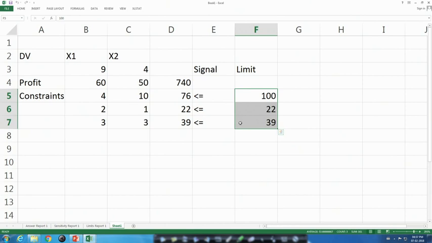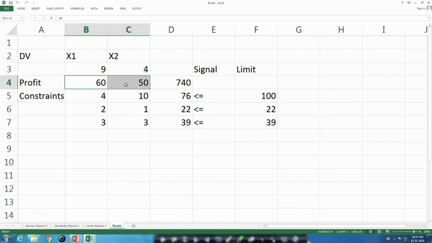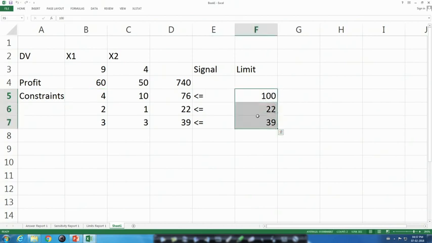If we apply sensitivity analysis, the change can happen with respect to either 60 or 50, that is the objective function, and the coefficients of the constraints. The input can change, so instead of 4 you can put 5, or you may put 3, 2 like this. Any change you can put here, and again on the right hand side you can put any change.